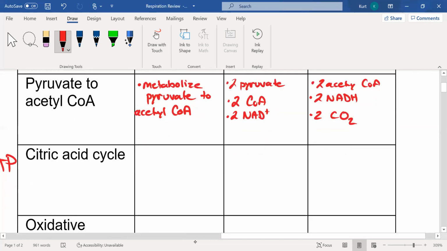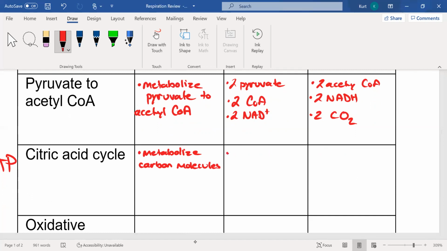Citric acid cycle. Let's see. The purpose is to metabolize carbon molecules to make a lot of electron carriers.